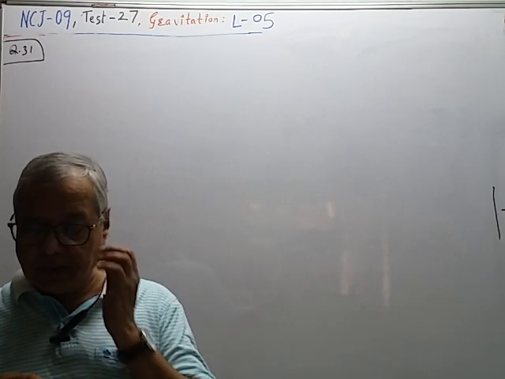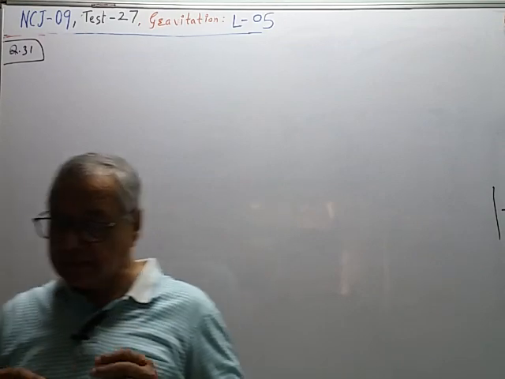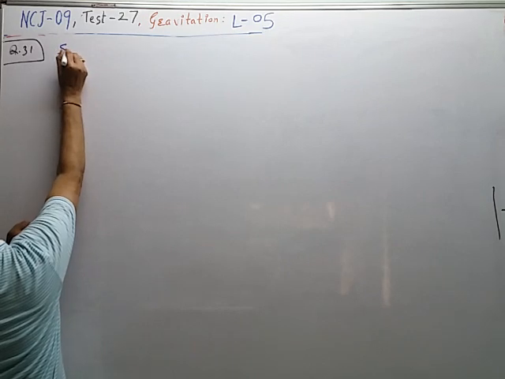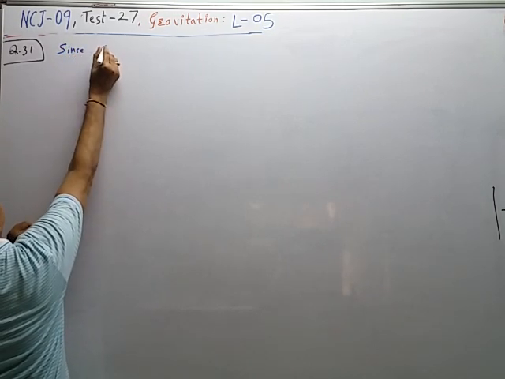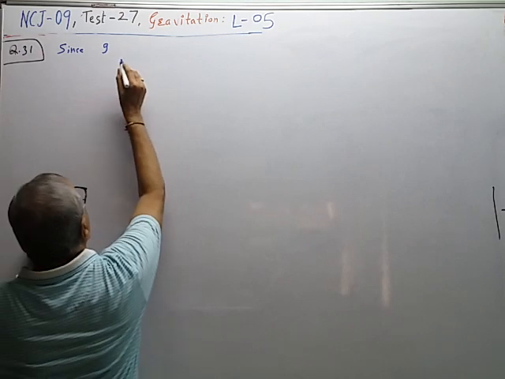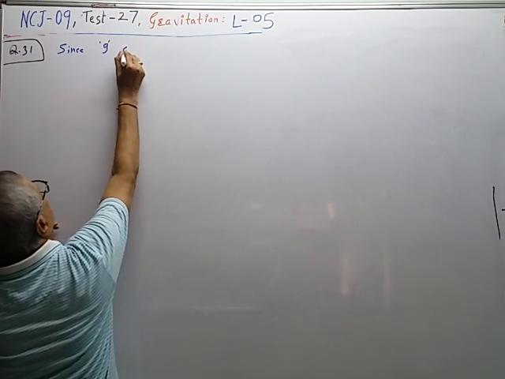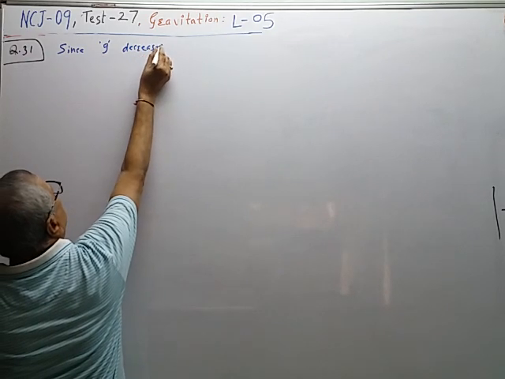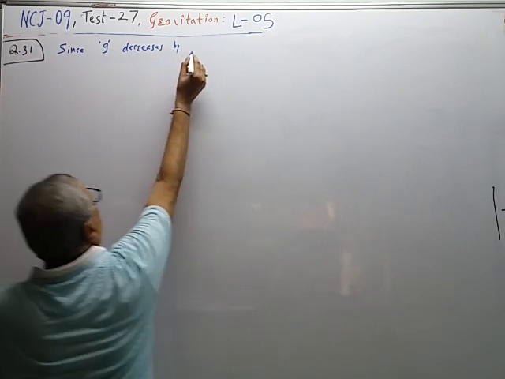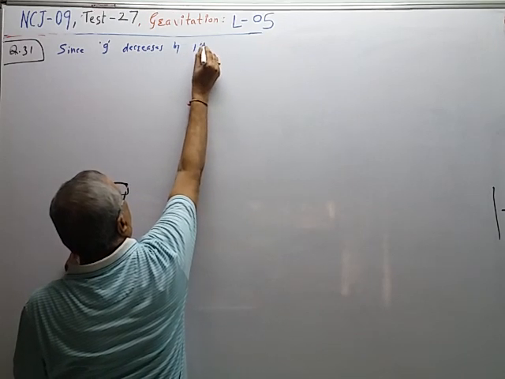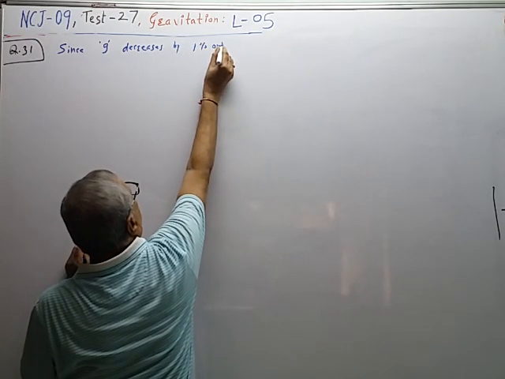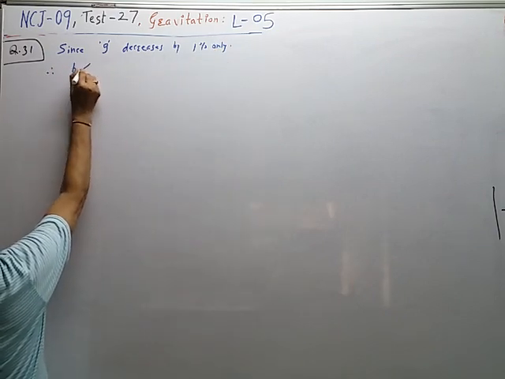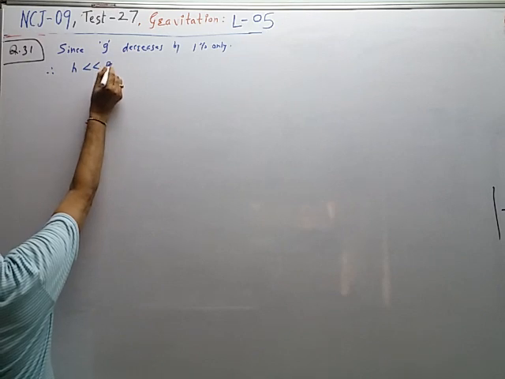So we have to find h. Since g decreases by only 1%, therefore h is very much less than r.